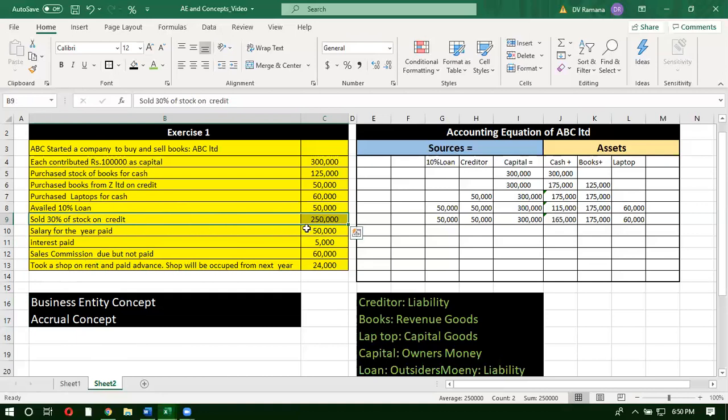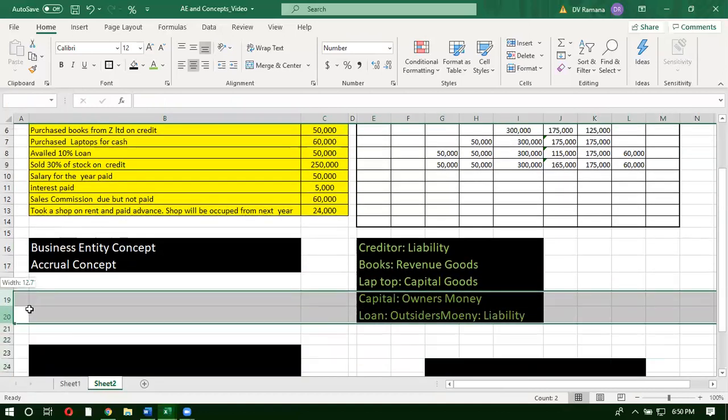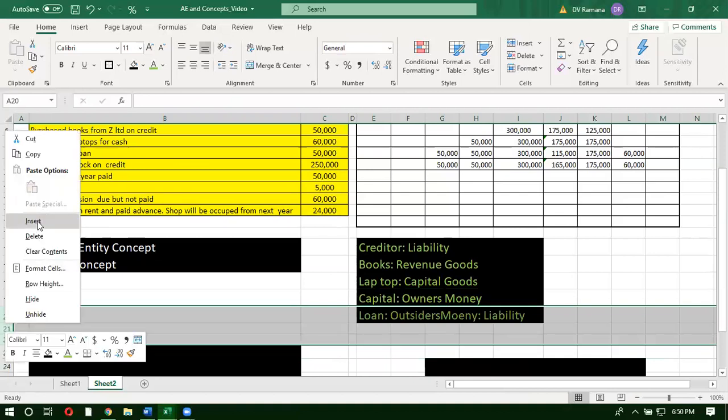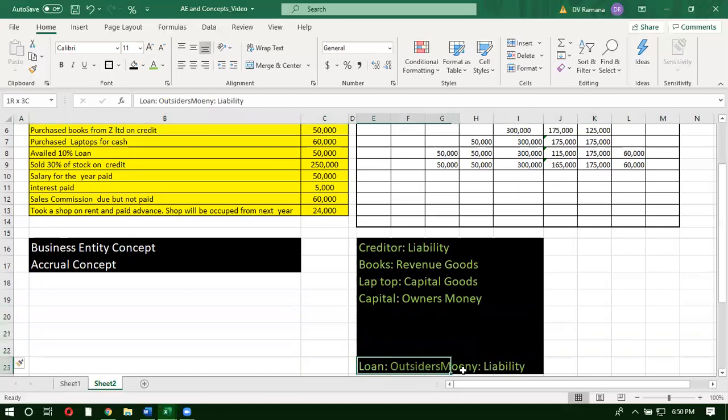So therefore, this has to be recorded. But are you getting the money now? No. We are going to get this money later. When will you get that money? We don't know. Whenever we get the money, at that moment, the cash will be shown.